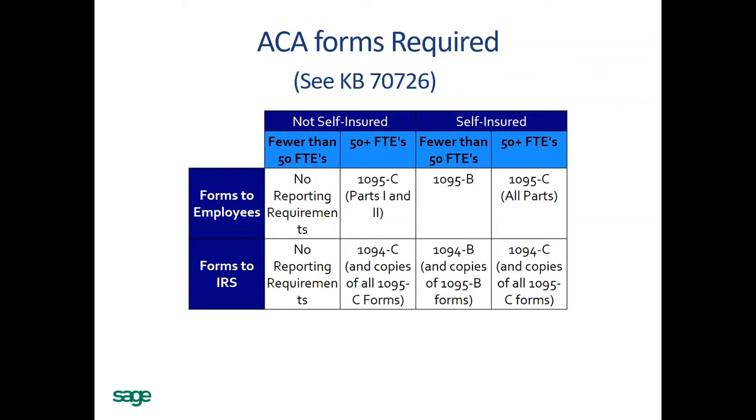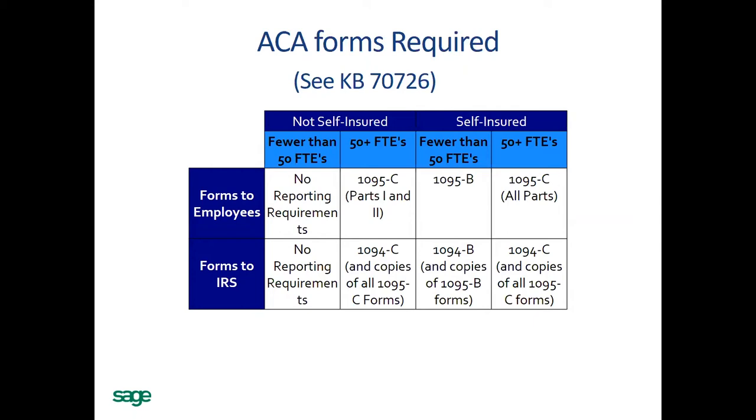If the employees are self-insured and you have less than 50, you need to run the 1095. If there are more than 50, you need to run the 1095C. So this chart shows you what forms you need to actually produce. And then in your handout, I have pulled in KB 70726, and you have access to this with the Sage customer portal.